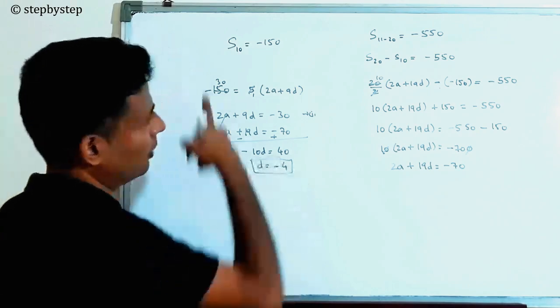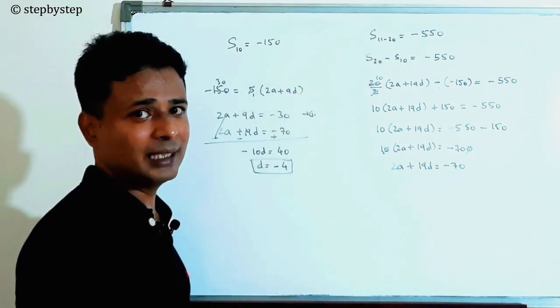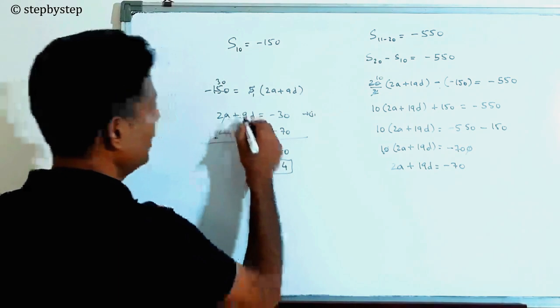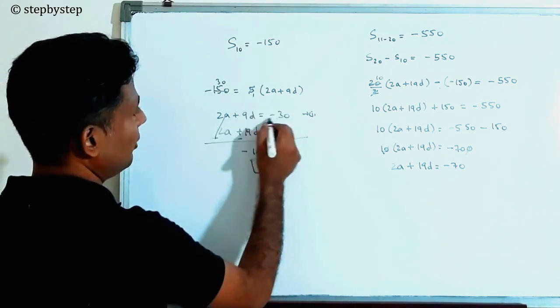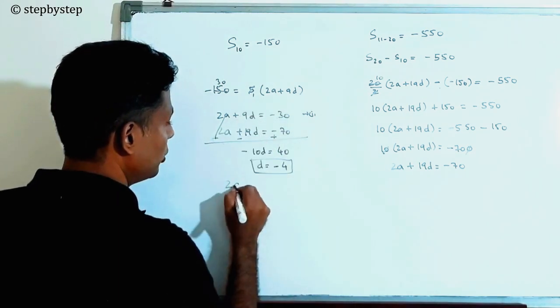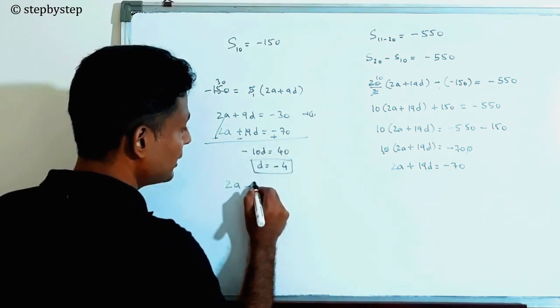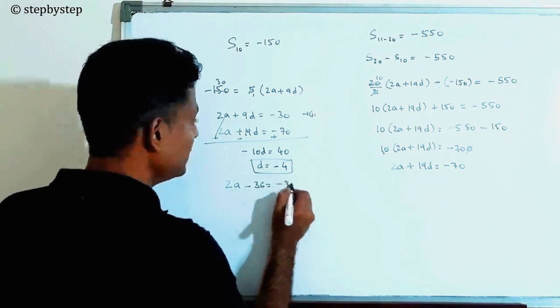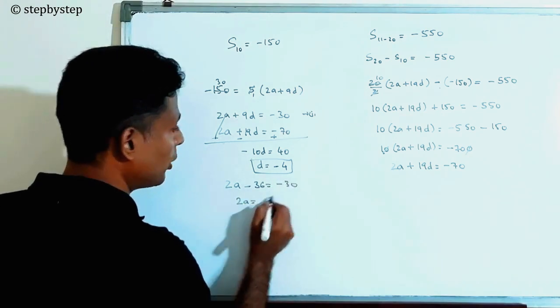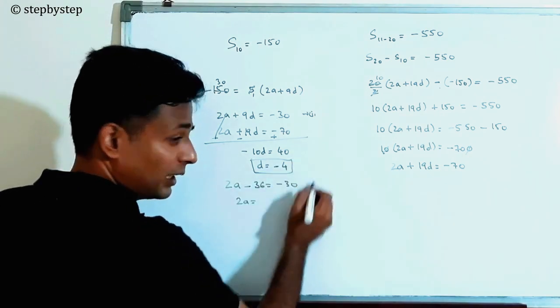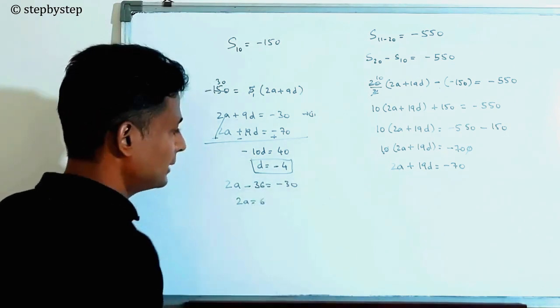So d is negative because we already knew that it's a decreasing AP. Now we found d. Using this first equation, I'll find the value of a. So 2a plus 9d, that is 9 into minus 4, minus 36, equal to minus 30. So 2a equal to minus 30 plus 36 when it transposes, so plus 6.